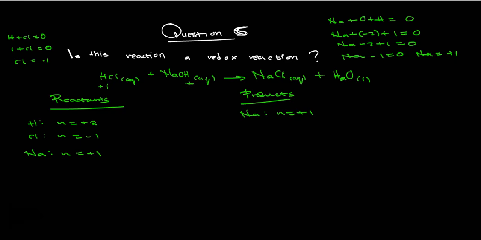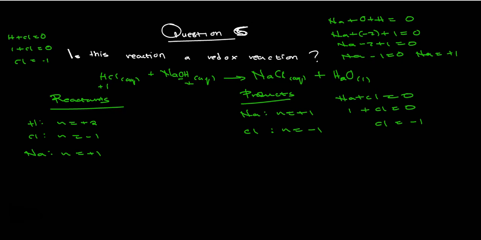So meaning for chlorine, we will say sodium plus chlorine is equal to 0, where this is 1, here still be 0. So when it crosses the equal sign, we are going to have -1. So for chlorine, the oxidation number is -1.